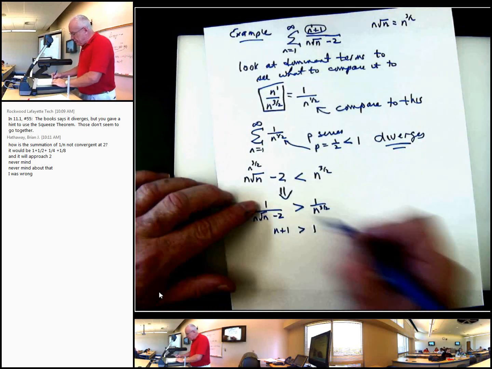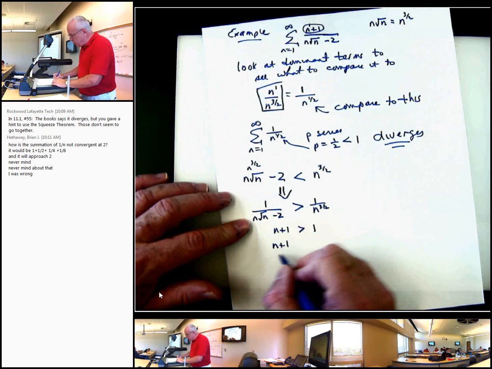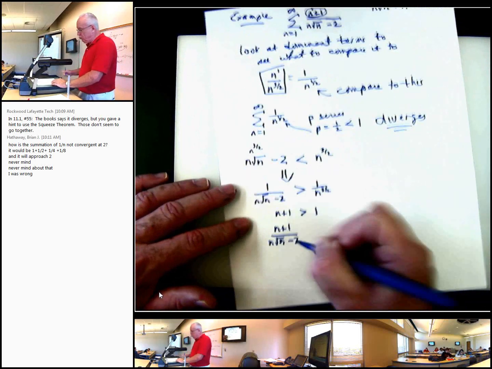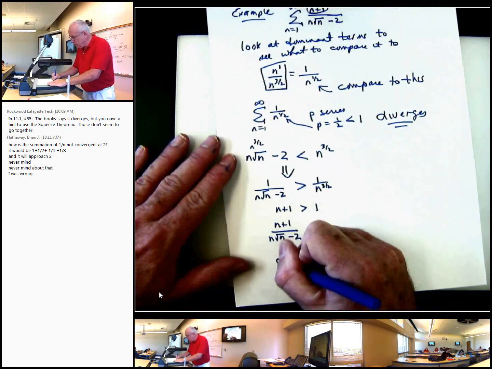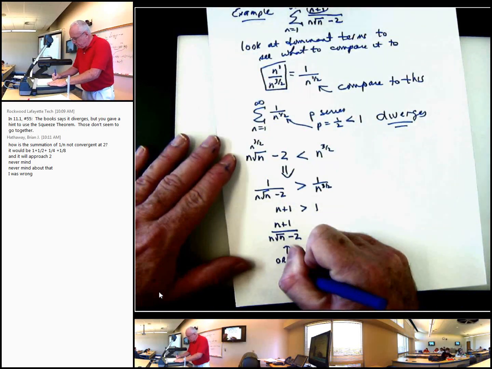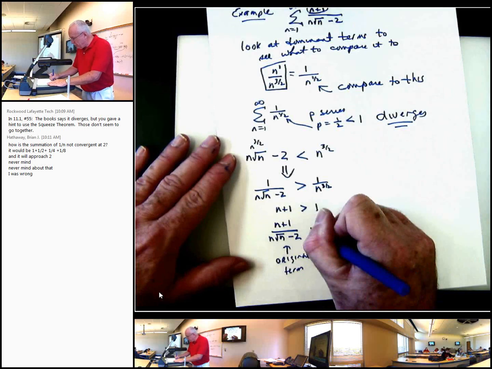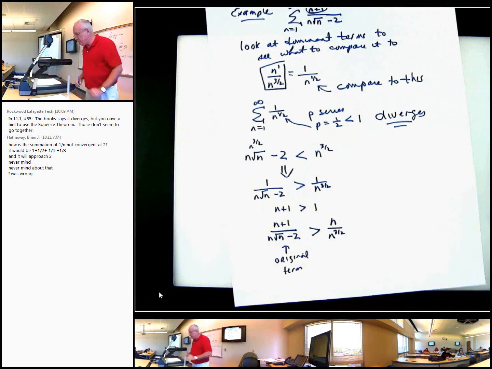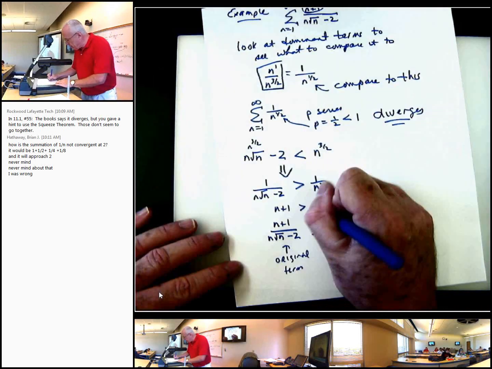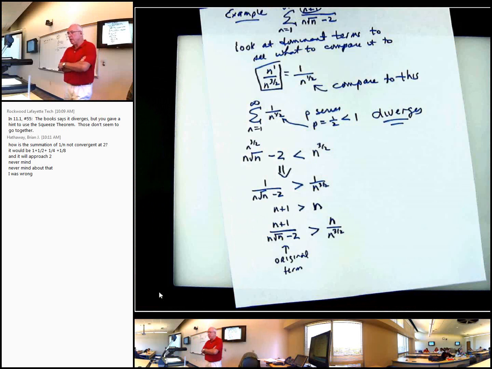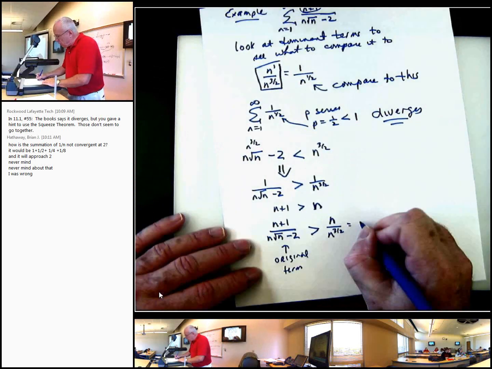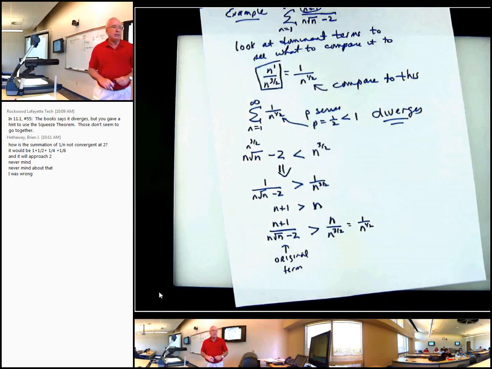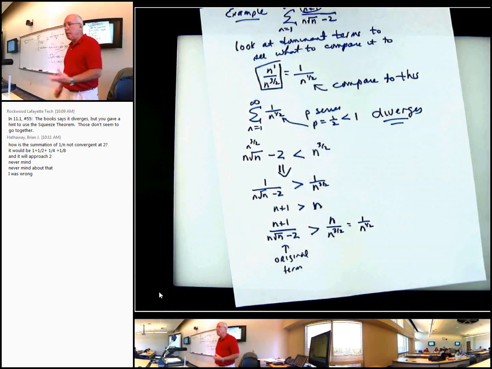So therefore, when I put that in the numerator here, I can arrive at this conclusion. n plus 1 over n square root of n minus 2, and this is our original term, is therefore bigger than n over n to the 3/2. Actually, I should have put an n here rather than a 1. I'm sorry about that. And of course, this is equal to what we compared it to, 1 over n to the 1/2 power. So sometimes you have to do a little bit of algebra here just to compare it.